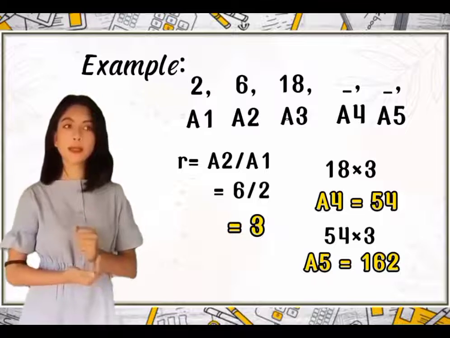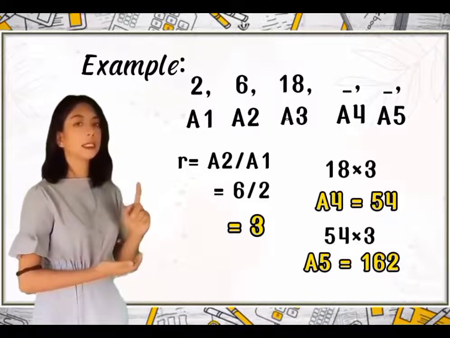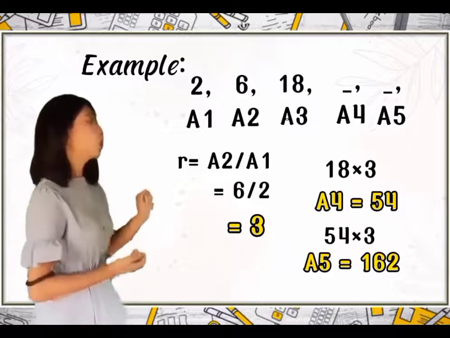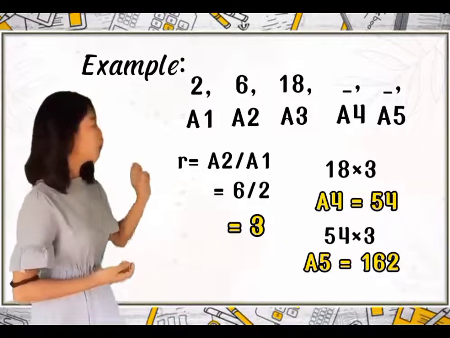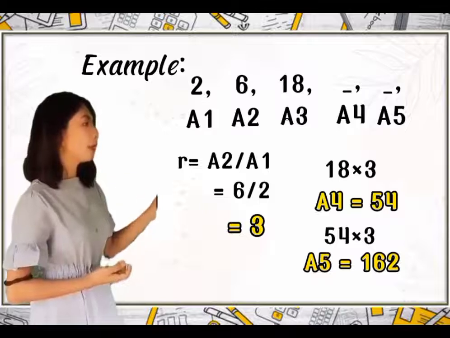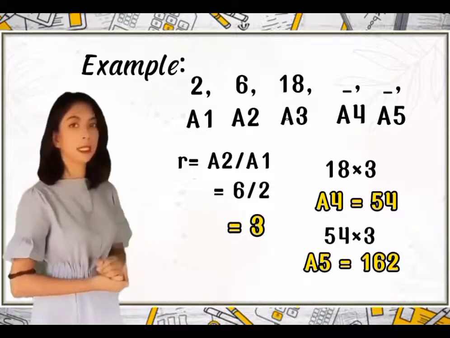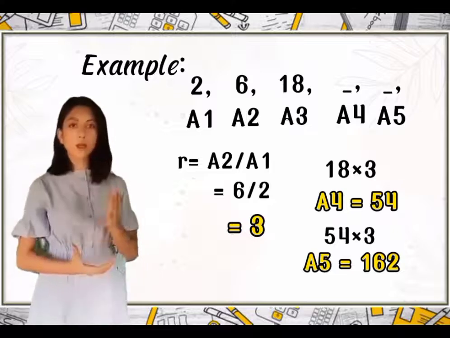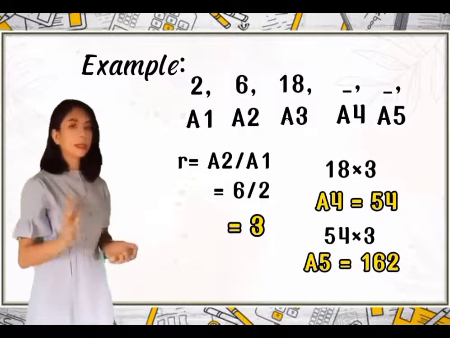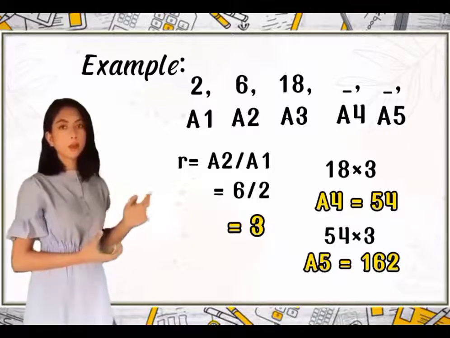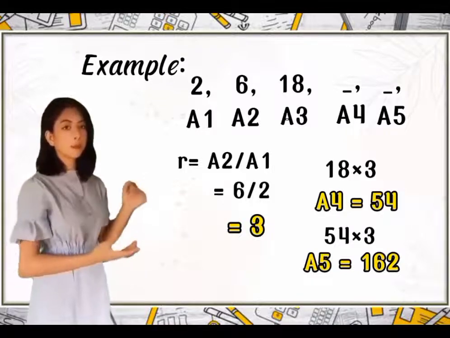So here our common ratio is R equals 6 divided by 2, where 6 is our A2, the second term, and 2 is our A1, the first term. So 6 divided by 2 is 3. To get the next term, we just multiply the third term, which is 18, by 3.